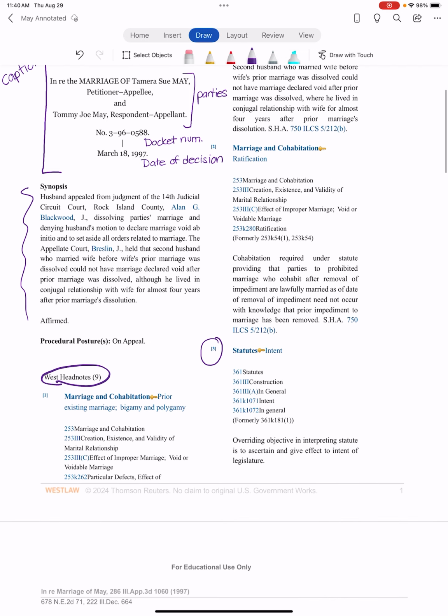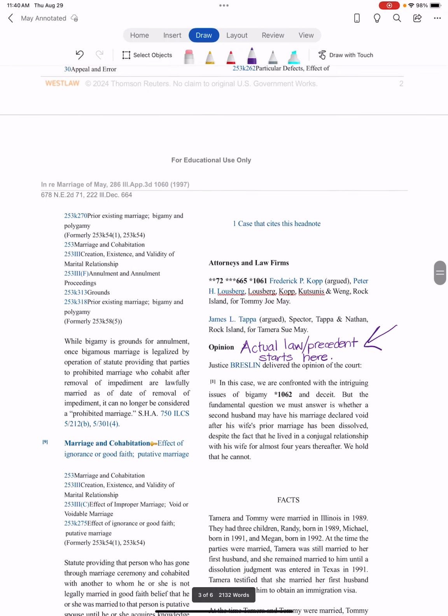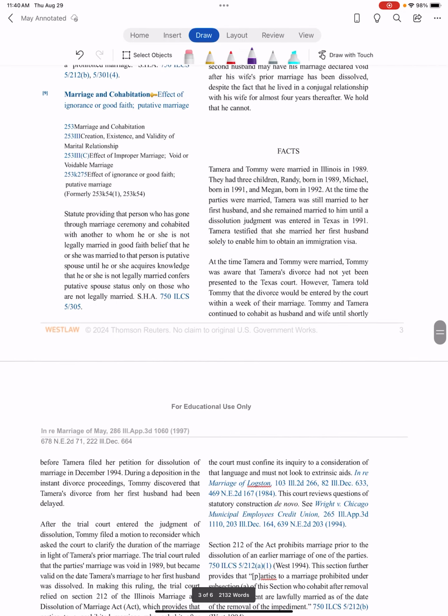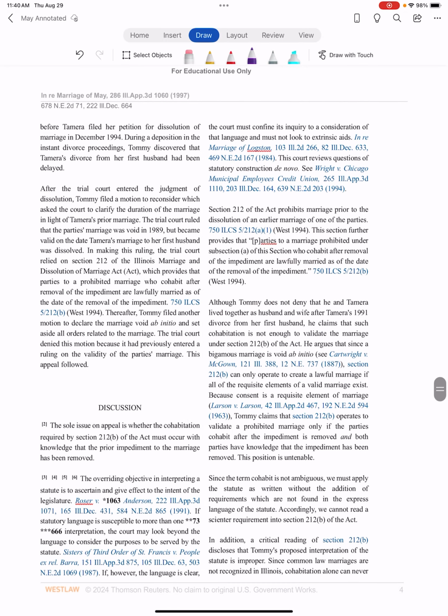If I'm really interested in what's in headnote 3, I can come down into the body of the opinion and look for the 3 in brackets, which is right here. So if I was really interested in the topic discussed in headnote 3, I can find the court's discussion of that topic starting here at number 3 and going forward.